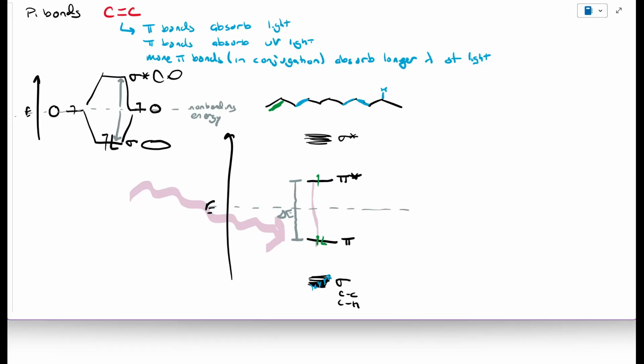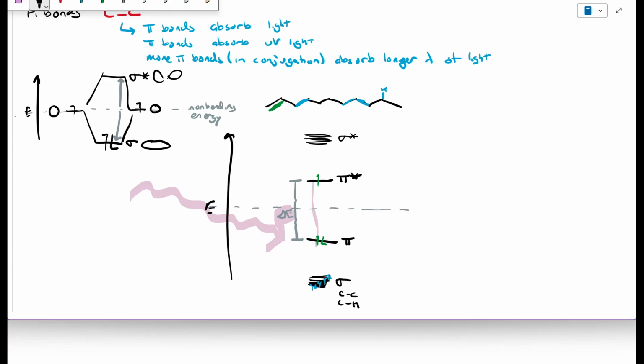In order to do that, the photon would have to have exactly this delta E amount of energy. Orbital energies are quantized. It would require exactly that amount of energy to excite the electron up to the higher energy level. If the photon has any other energy, then it would not excite this electron. So for every molecule, there's one photon of one specific energy that has exactly the right amount of energy to excite an electron up to the pi star antibonding orbital.